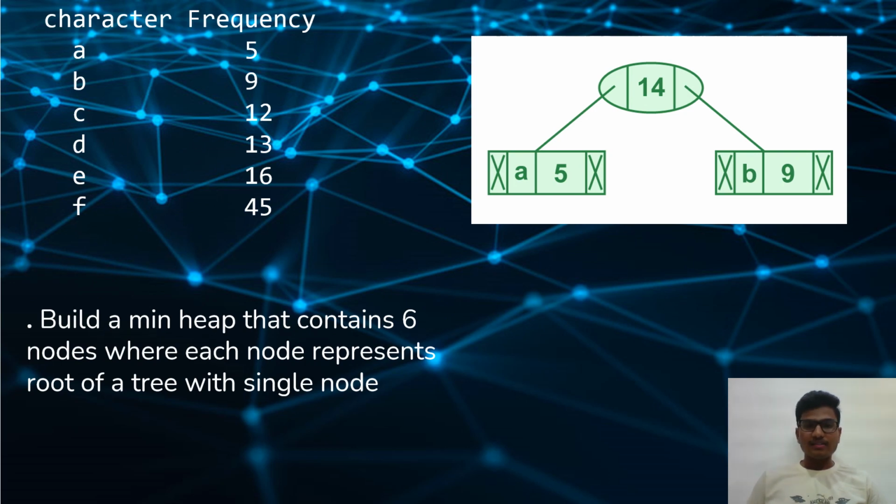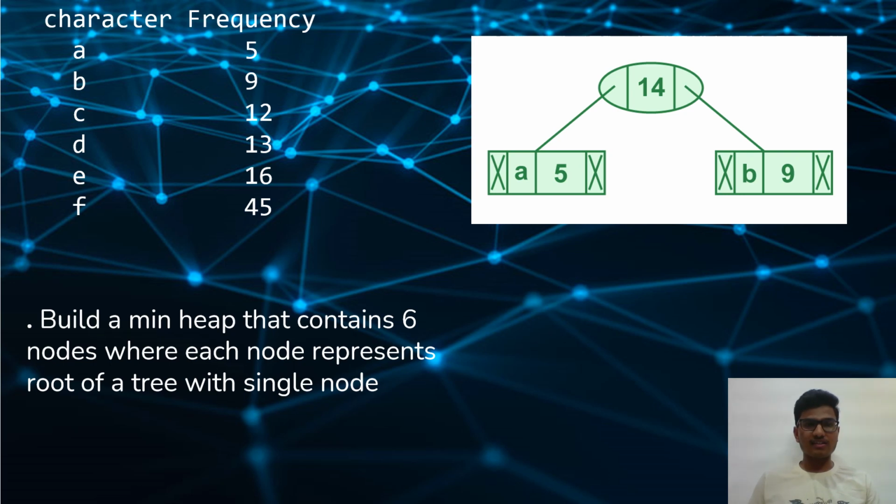Now, let us understand the Huffman tree with the following example. Consider an example where there are characters which have corresponding frequencies. The characters are A, B, C, D, E and F, which have the frequencies 5, 9, 12, 13, 16 and 45 respectively. Now what we do is we build a min heap that contains 6 nodes where each node represents the root of a tree with a single node.